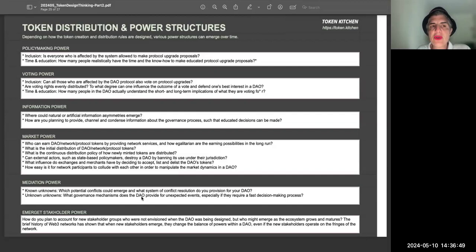And here we have to think about it: everybody might be, in theory, allowed to contribute to creating policy for the system, have policy-making power, like in Bitcoin. But then the question is, who has the time and who has the know-how to actually contribute to the Bitcoin network?